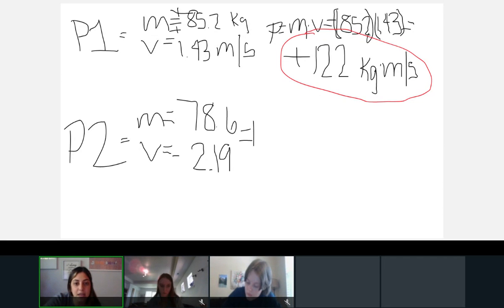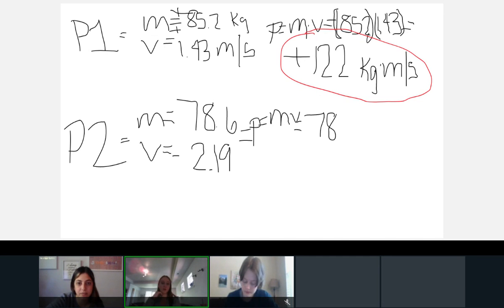So we know that P is equal to mv, P being momentum, m being mass, velocity is v. So what is our equation for player two? 78.6 times 2.19. Good. But don't forget, we need to include the direction.